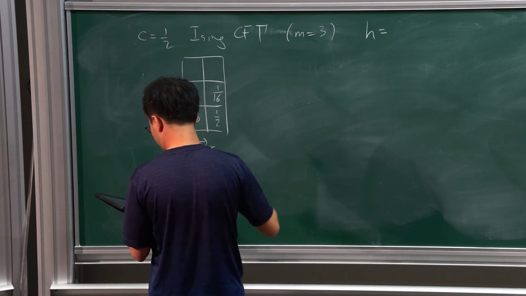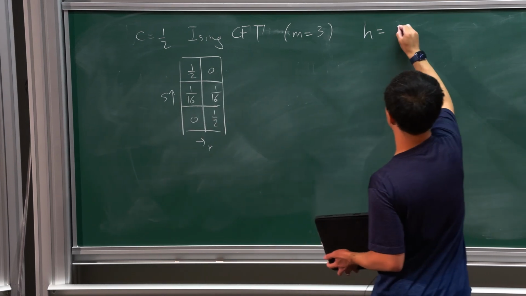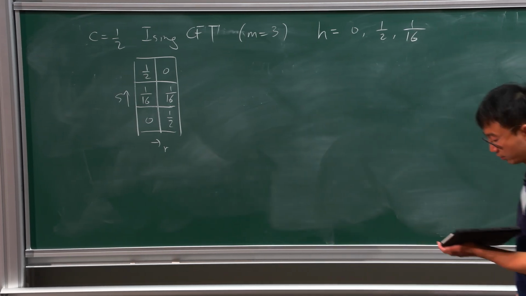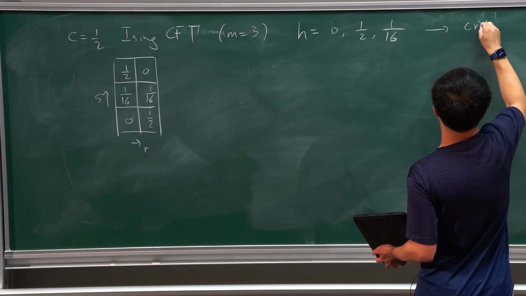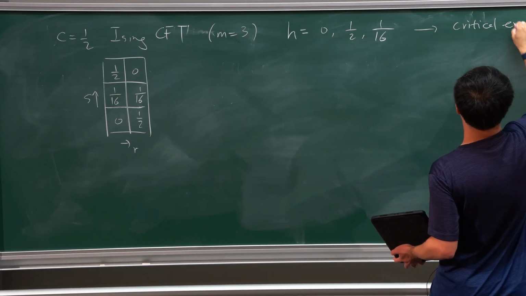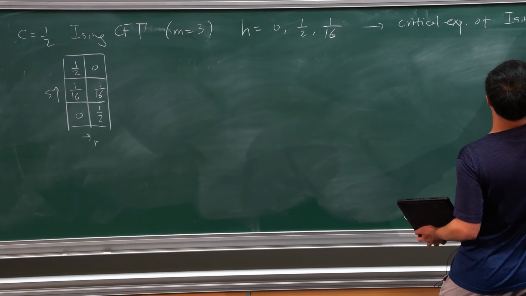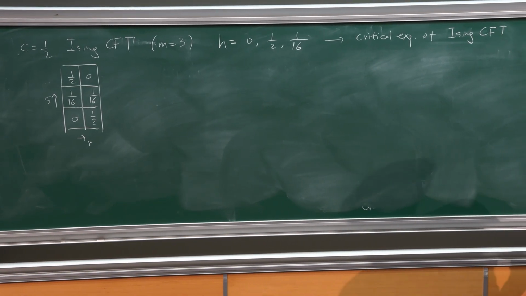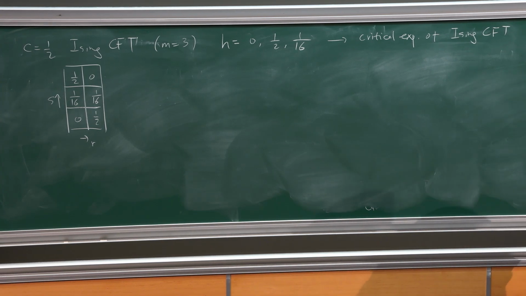And taking into account this additional identification, which I did not describe, you conclude the possible values of h, which are compatible with unitarity, are just these. There are just the 3 possibilities, and they describe the critical exponents of the Ising CFT, which agrees with the critical exponents which you measure, for example, from either the transverse Ising model at the critical point or the statistical two-dimensional Ising model at the critical point.